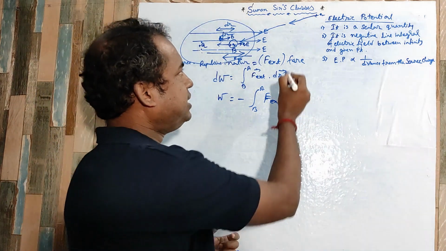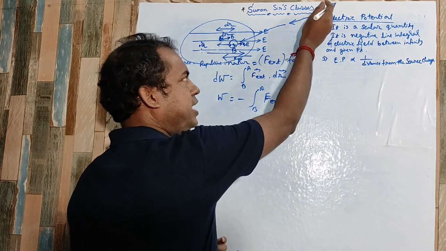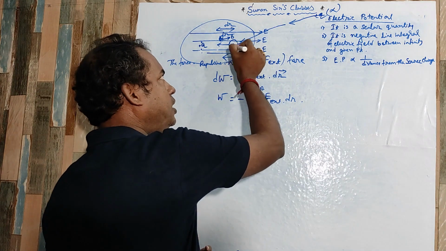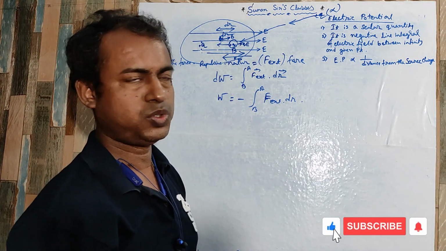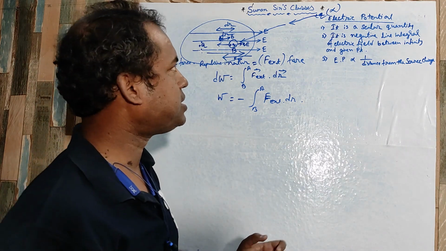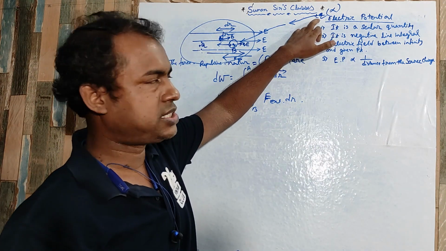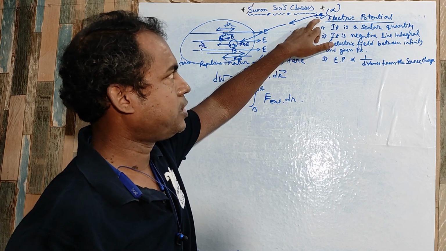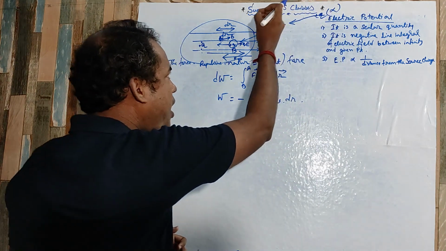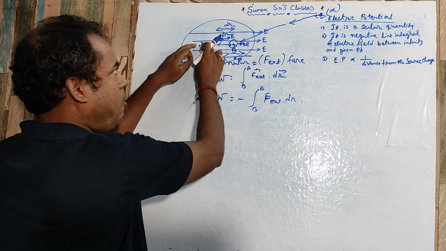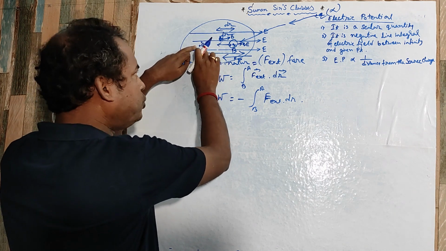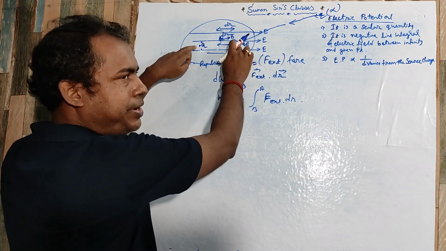Now this test charge Q is moving from infinite distance to a particular electric field at some fixed distance apart. So let's repeat once again: this test charge plus Q is moving from infinite distance into the electric field of a charge plus Q. Due to this movement, what has to be done?